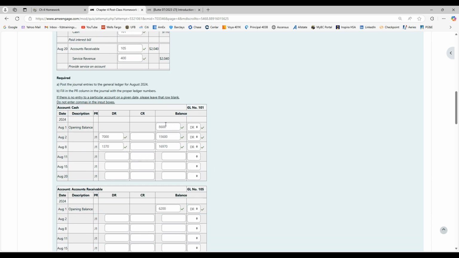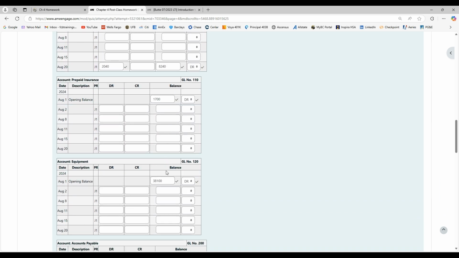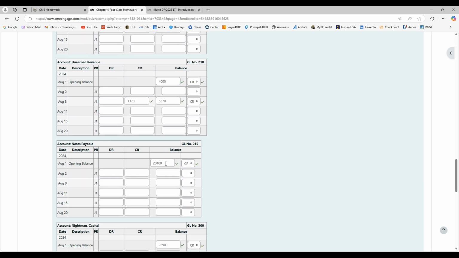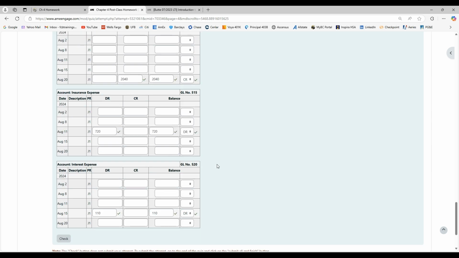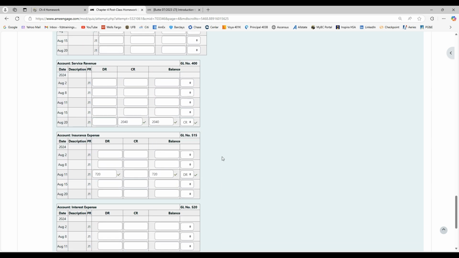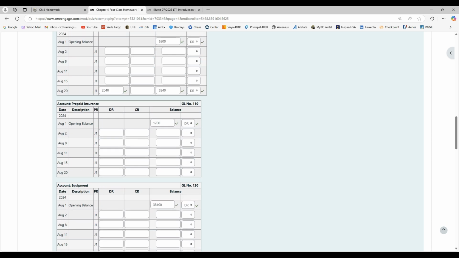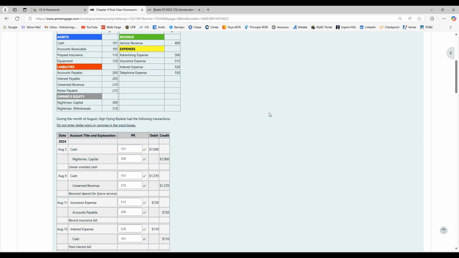Our beginning balance here, 8,600 cash, it's got the green check mark. That means we're good. I just want to make sure I didn't miss one or something. And then revenues and expenses never have beginning balances. So what am I missing? Nothing from the beginning balances.